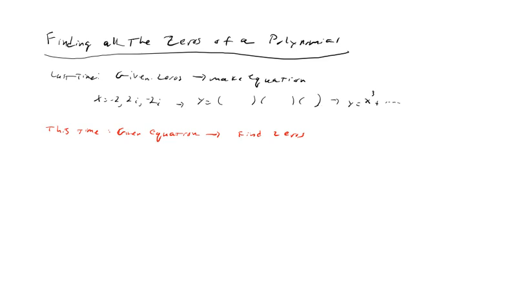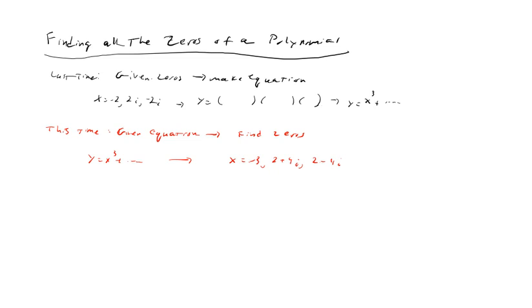Right, so if I give you y equals x to the third power plus ..., I want you to be able to tell me that x equals -3, say 2 plus 4i and 2 minus 4i, or whatever your zeros are. Given the equation, how do we find the zeros of that formula?